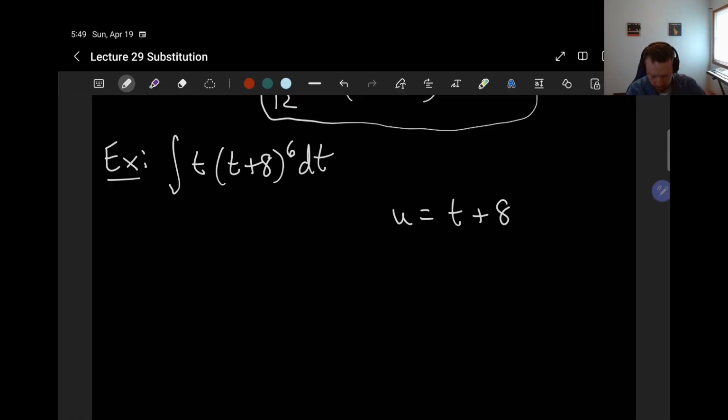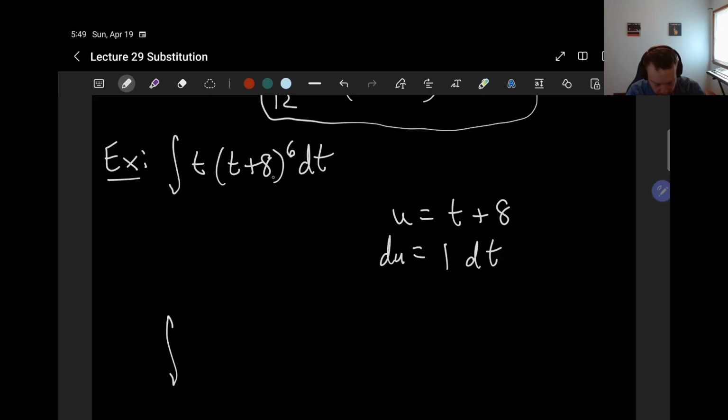u equals t plus 8. Well, then du is the derivative, 1 times dt. All right, so du is the same thing as dt in this case. We'll notice that when we try to translate over to u, this part works well.